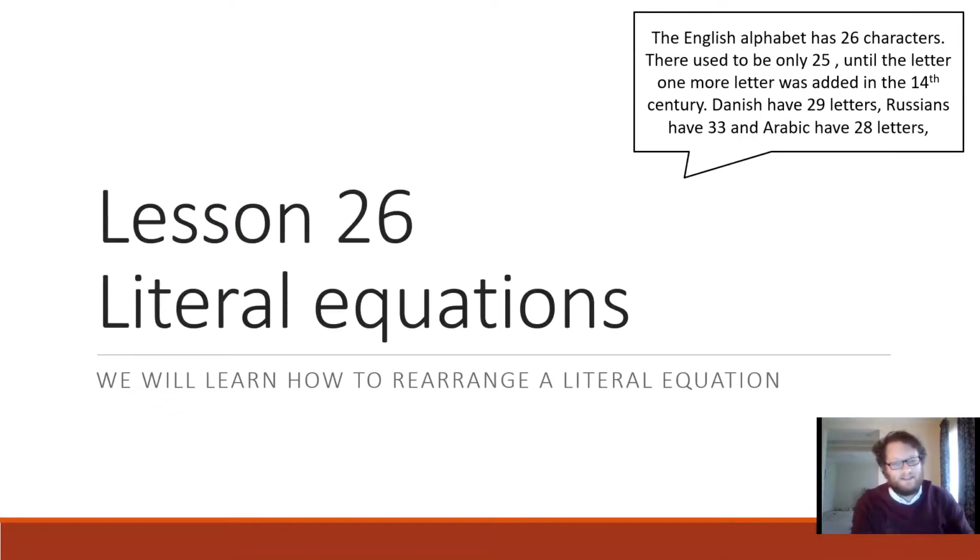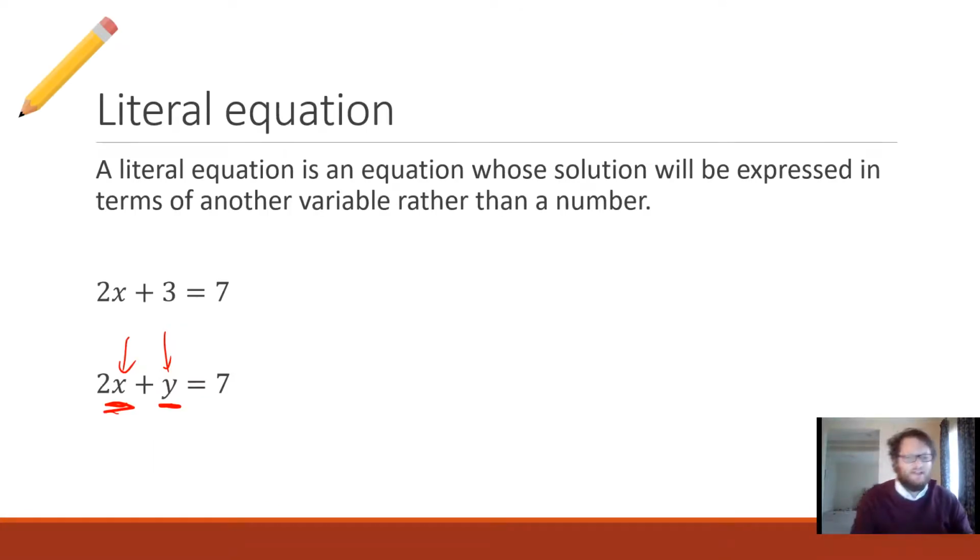Last lesson, we looked at literal equations. A literal equation deals with two unknowns, but instead of making these equations, we were solving them, rearranging them to find, for example, y in terms of x.